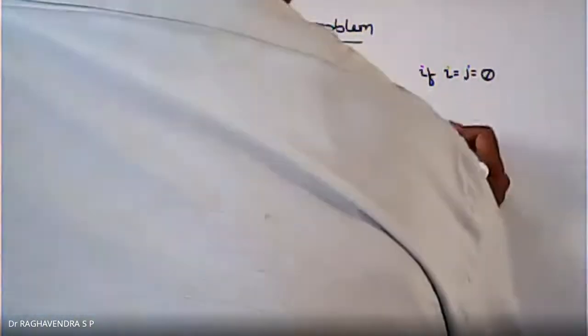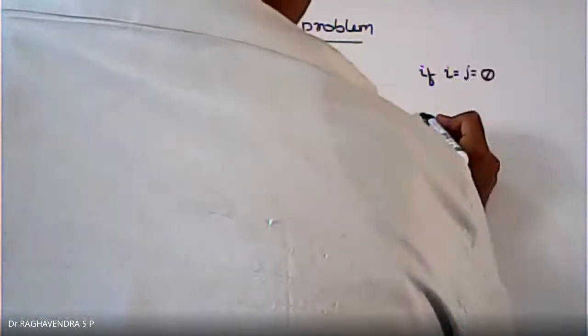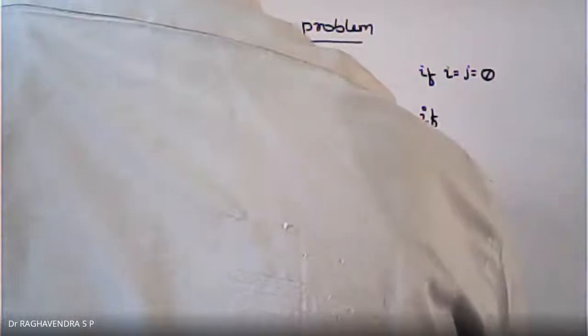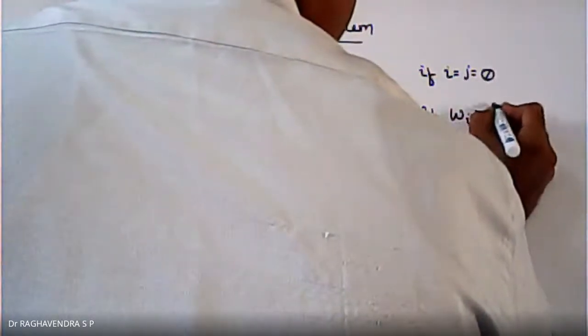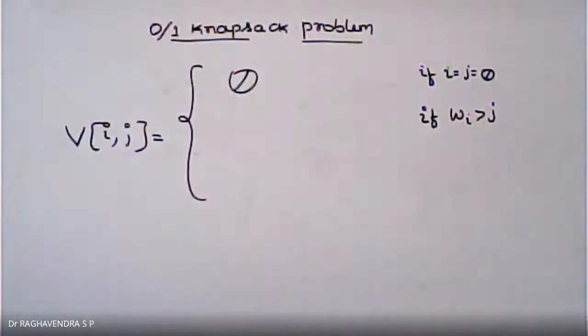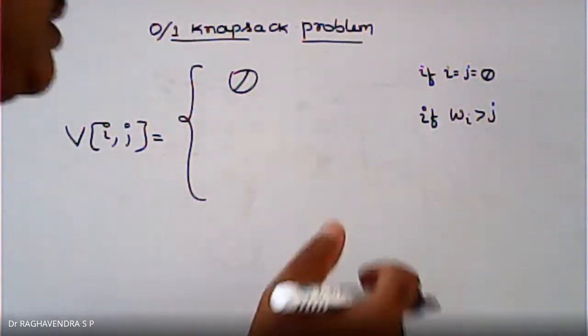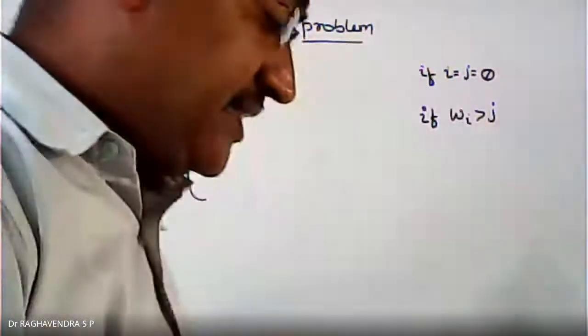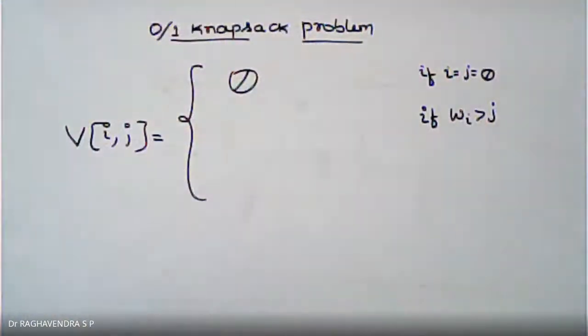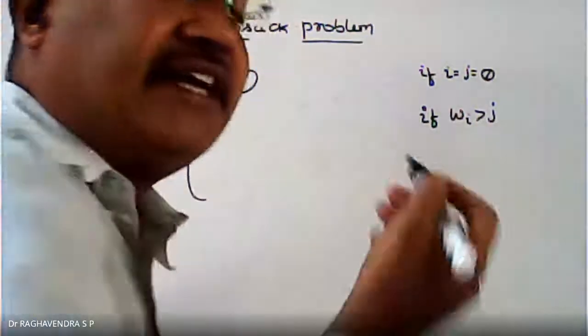Similarly, second case: if Wi is greater than j. Wi means the weight of the next item to be inserted into the knapsack. Let us suppose the weight of that next item is more than the remaining capacity. Can we insert that eighth item into the knapsack?